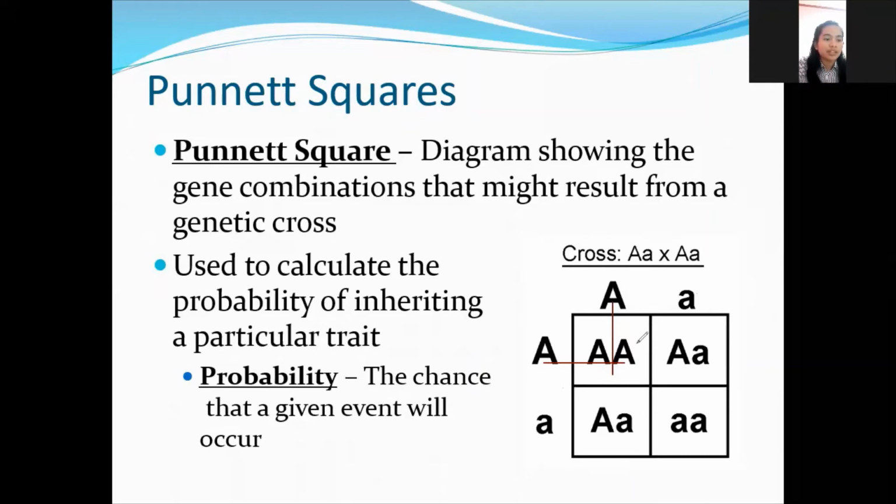Okay, so we have here capital letter A multiplied with capital letter A. That will be written as capital A, capital A. Okay, we also have here capital letter A multiplied with small letter a, that should be written as your capital letter A, small letter a. Okay, the same goes here, capital letter A, small letter a, and then small letter a, small letter a.